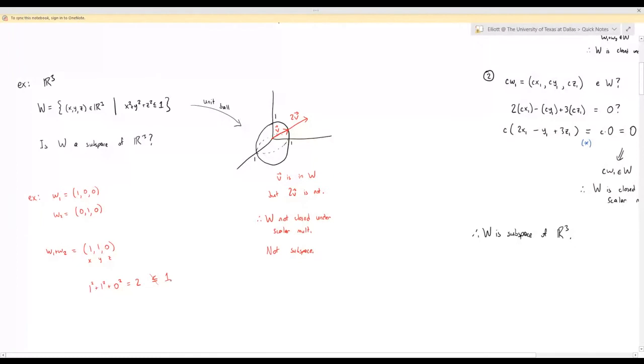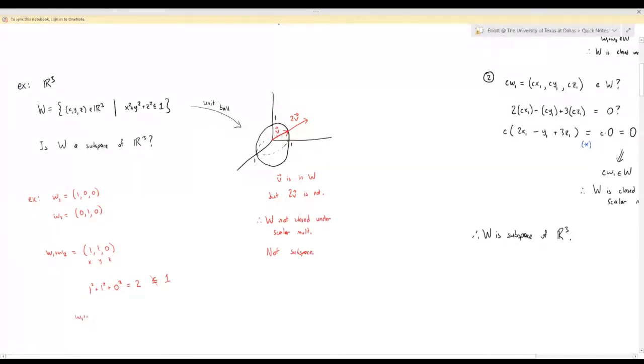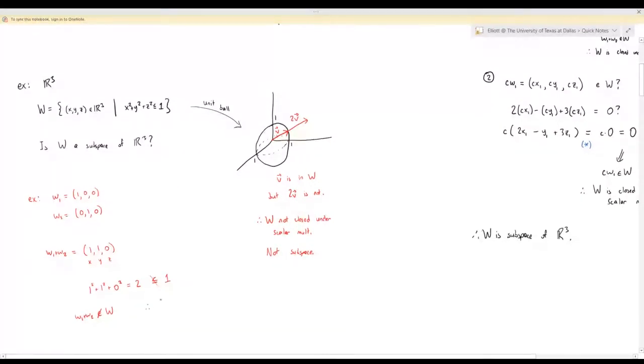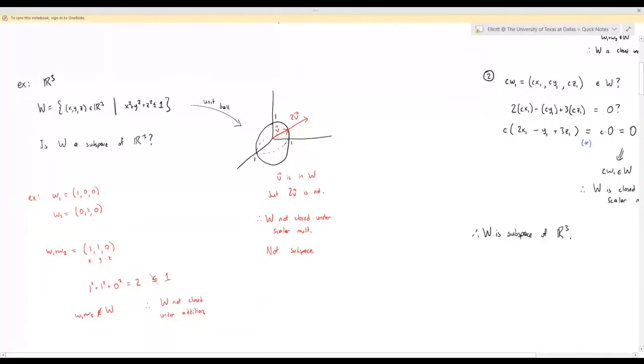So maybe I'll write it like that, not less than or equal to 1. So therefore, the sum is no longer inside of W. So this would show that W is not closed under addition either, okay?